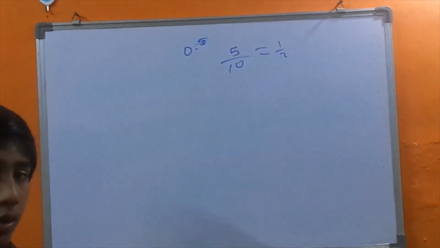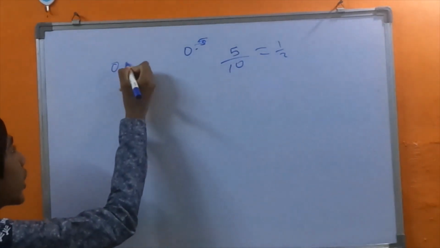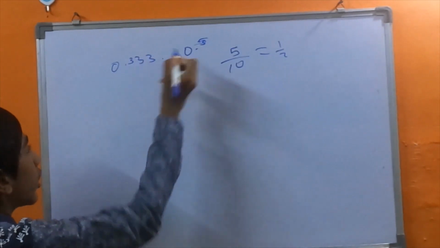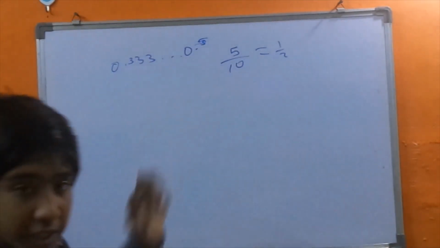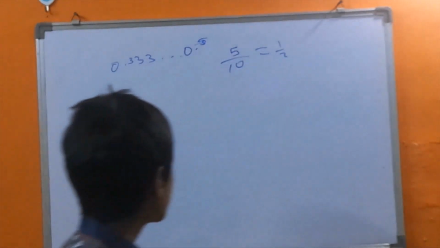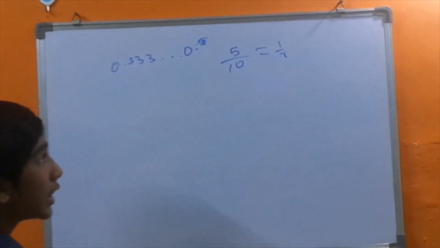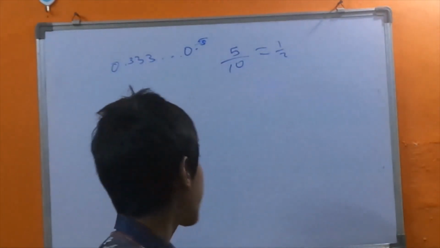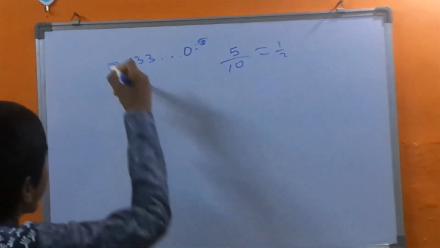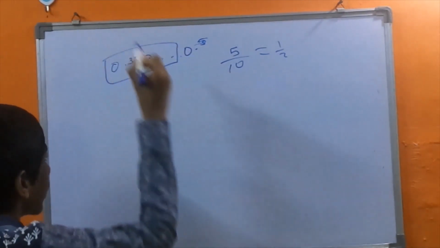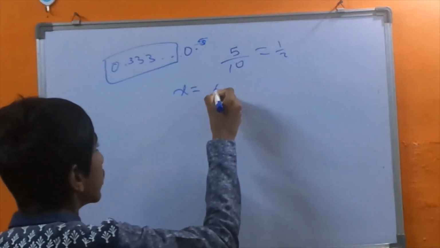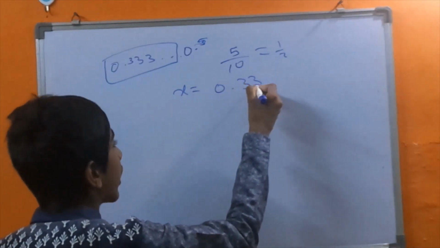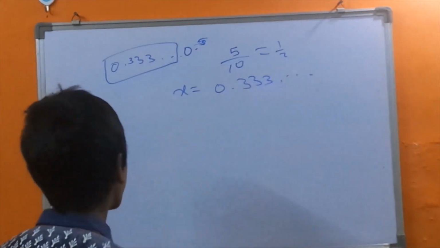Now, what about 0.3333 and so on? We can't put the denominator with infinity zeros, right? So what we do is use a little algebra for this. For example, let some variable x be equal to 0.333 and so on.